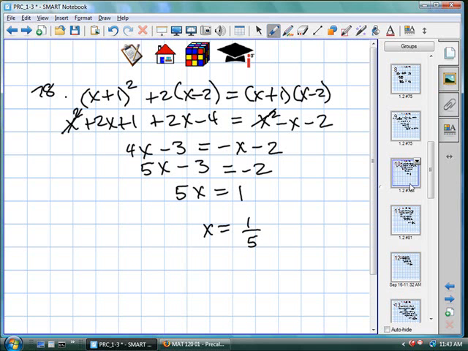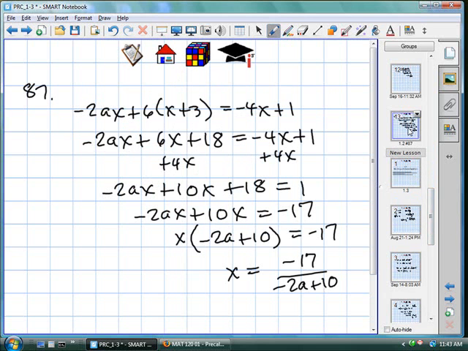87. All right, let's see if I got this right. We've got this expression, and you're supposed to solve for x. Okay. So, a little distributive property to work on in the first line.